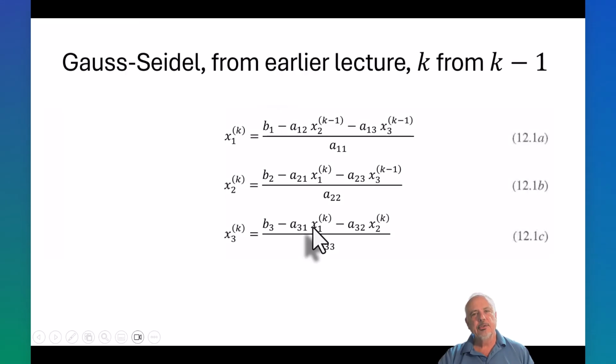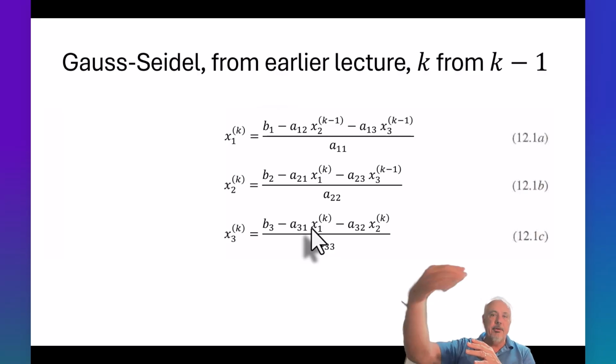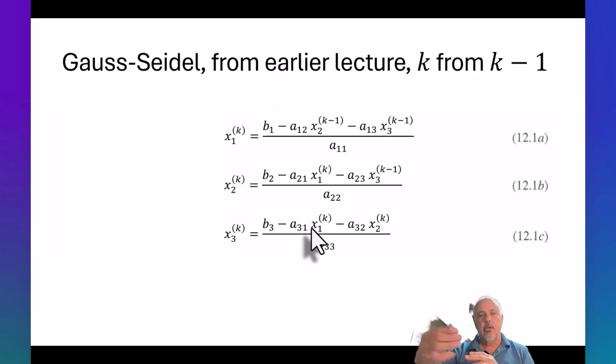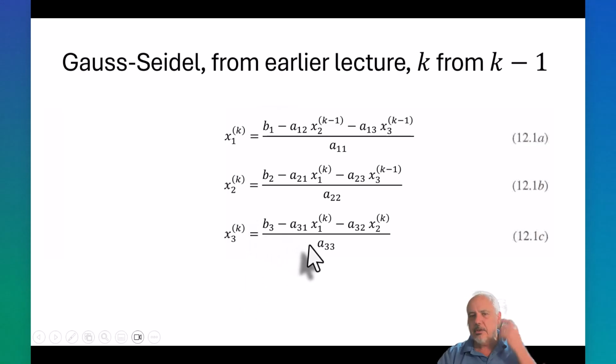Okay, so now we're thinking about Gauss-Seidel. To do a complete iteration, I want to look at where the next x is going to be: x1, x2, x3. This is how I showed it in class: the next x1 depends on the previous x2 and the previous x3, and then of course you've got the a's coming from your A matrix and the b from your B column.